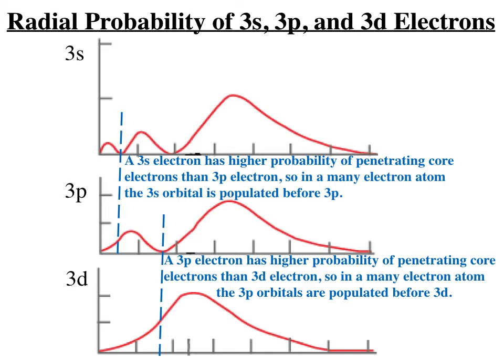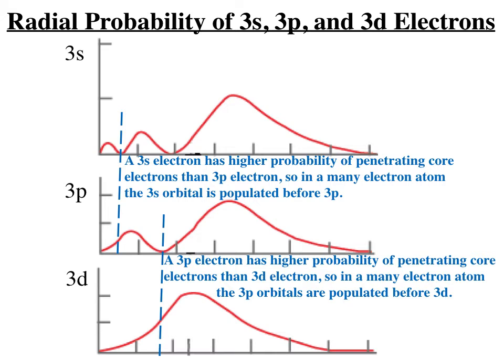But in addition, the 3s orbital, with that little hump inside, has a little bit of likelihood of also being at that shorter distance r. So it has more possibility of being closer to the nucleus than either a 3p or a 3d electron.